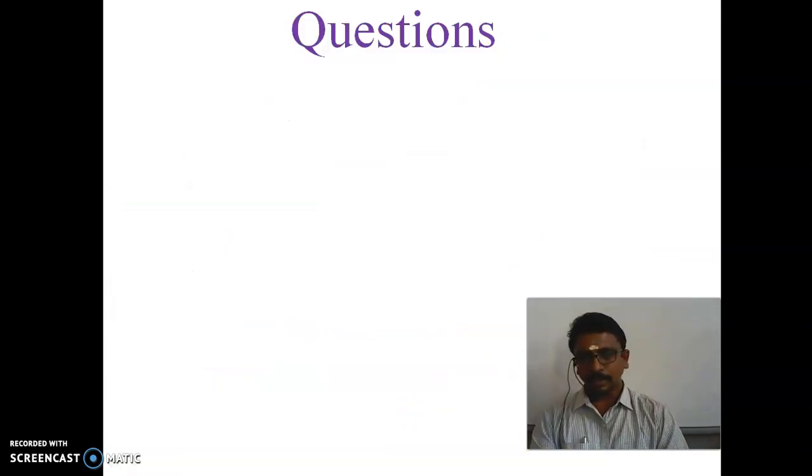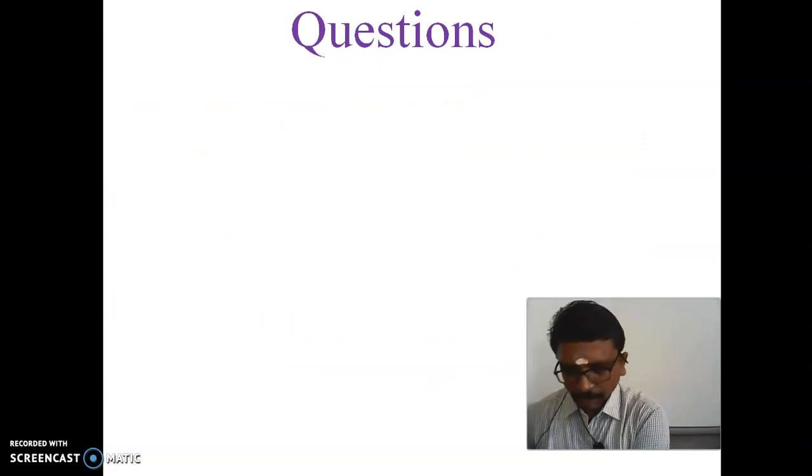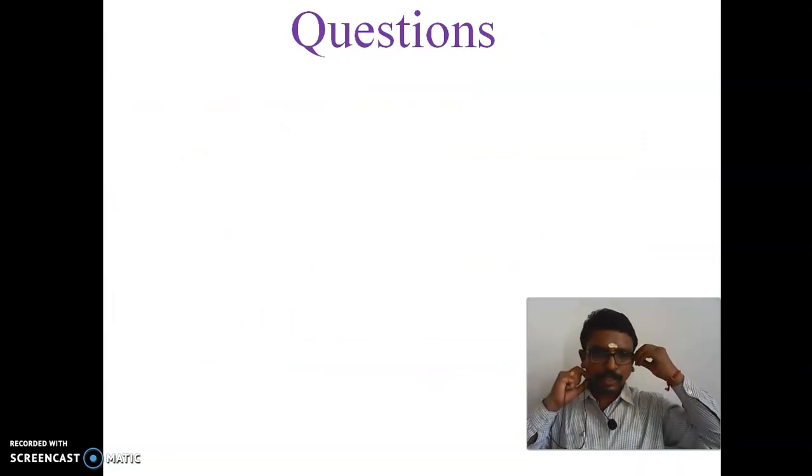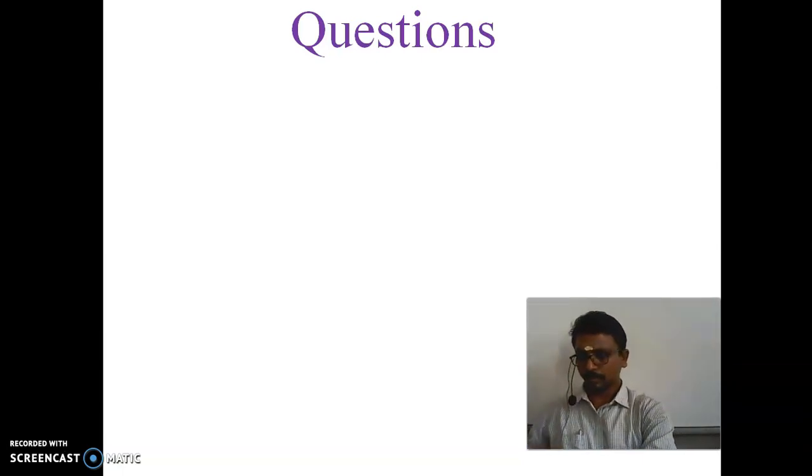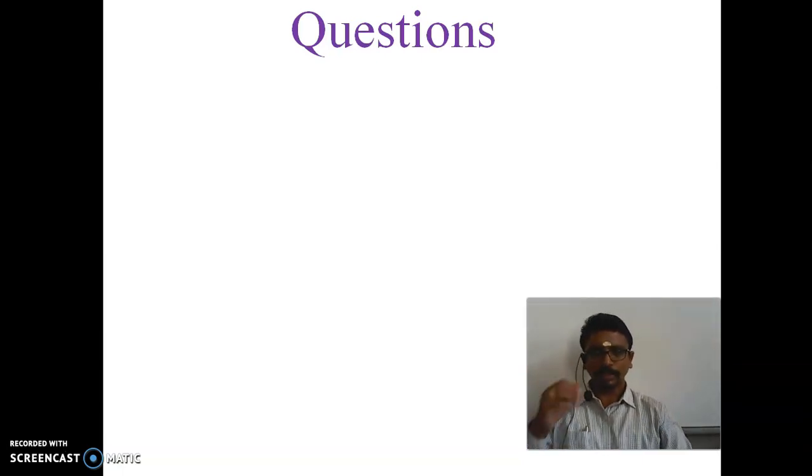And next we will discuss some questions. In the questions you have to answer which is reactant and which is product, and whether the equation is balanced or not.